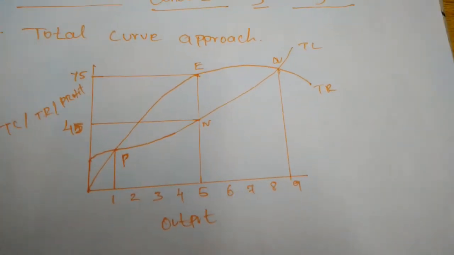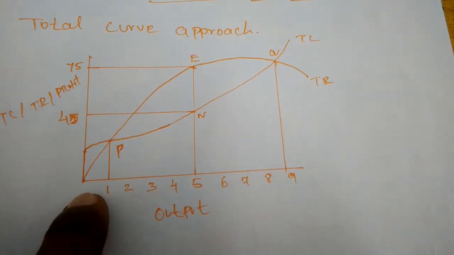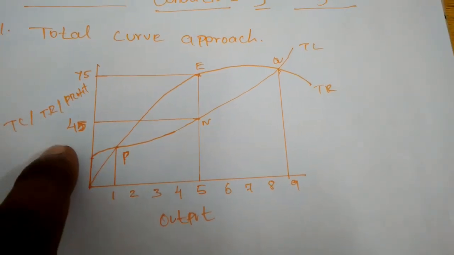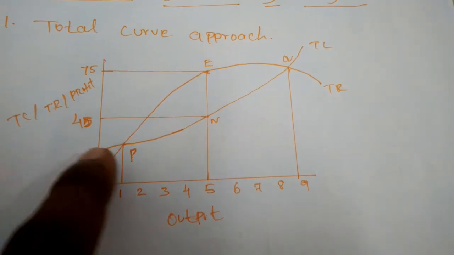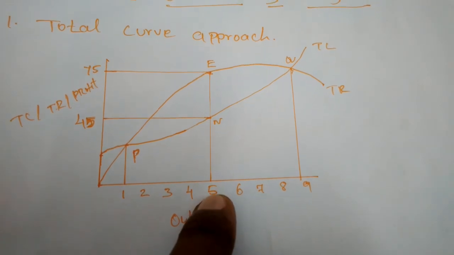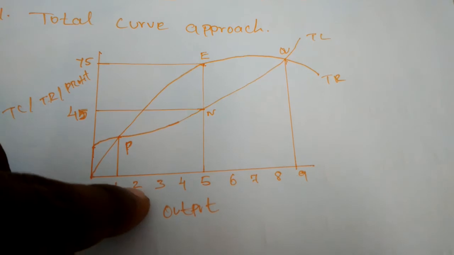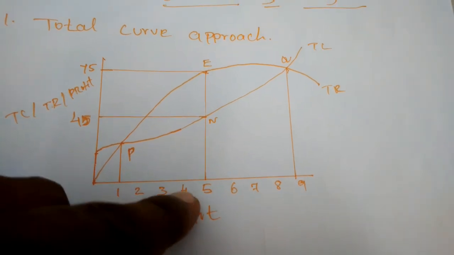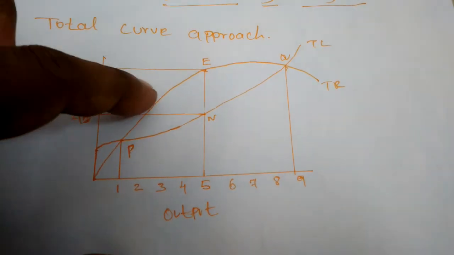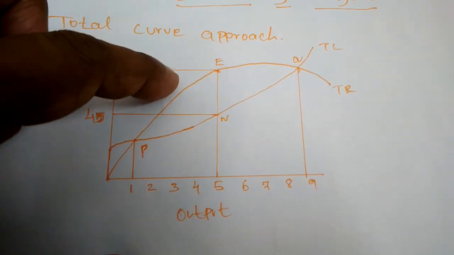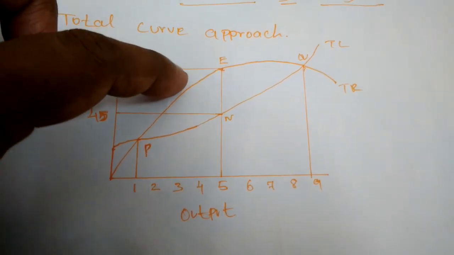Now here we understand. With the first unit of output, the firm uses some cost. After this, with the second, third and fourth units also, the producers have the possibility to get profit.